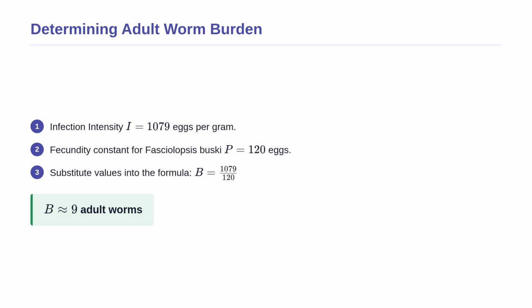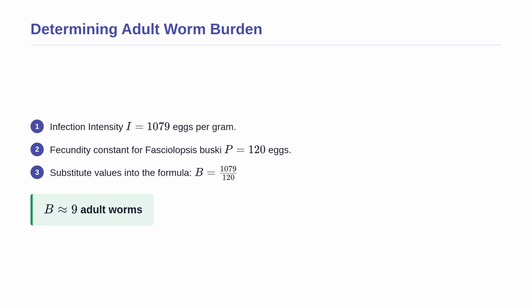Let us apply this to our previous patient to find out how many worms are actually inside them. We already established the infection intensity is 1,079 eggs per gram. Biological research tells us the fecundity constant for Fasciolopsis buski is approximately 120 eggs per gram.